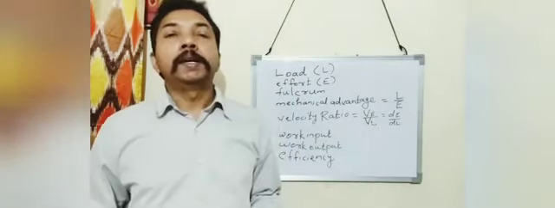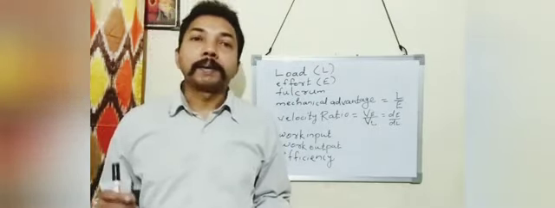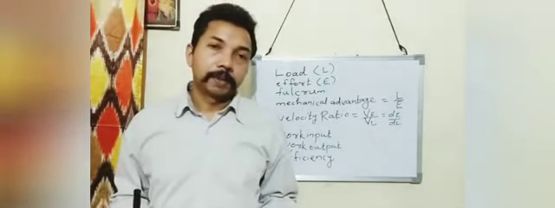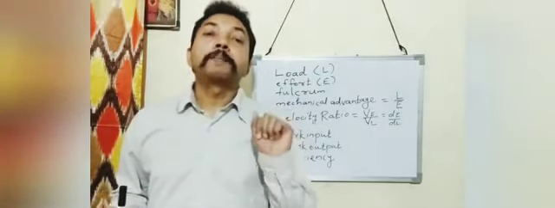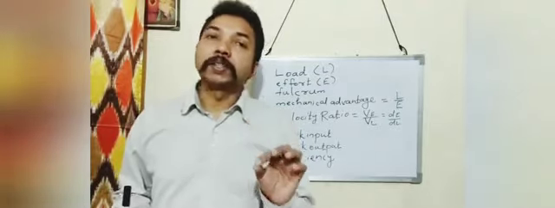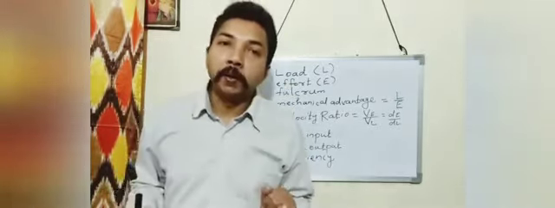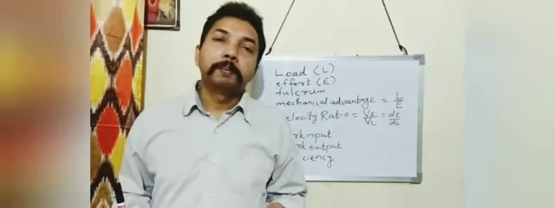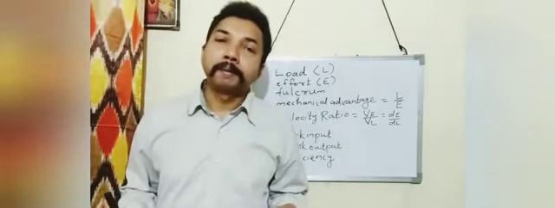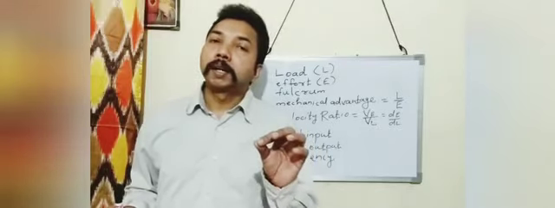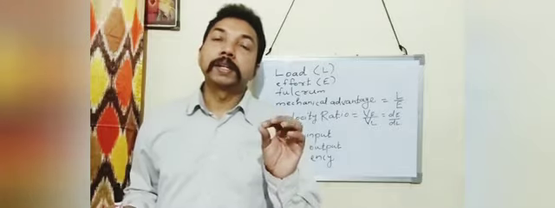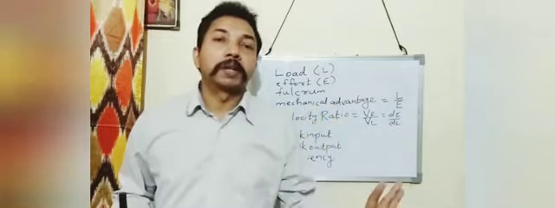Suppose that you have to cut a paper by using a scissor. So here paper is the resistive force, or paper is the load. If you have to cut some vegetables by using a knife, so here vegetable is the load and knife is the machine which is used for it.